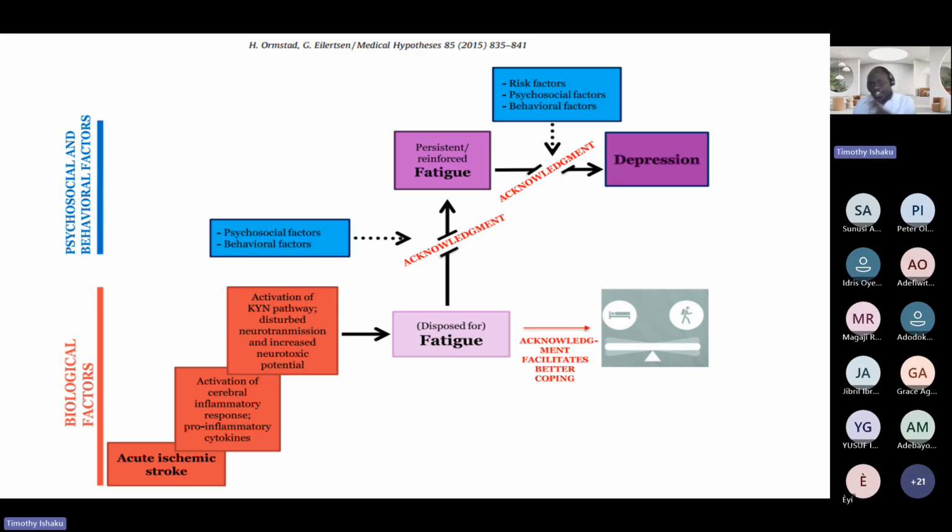So the biological changes from stroke interact with the psychological response. Fear, frustration, of course, it can be very frustrating. And possibly also the social system or supports that we have within the patients.